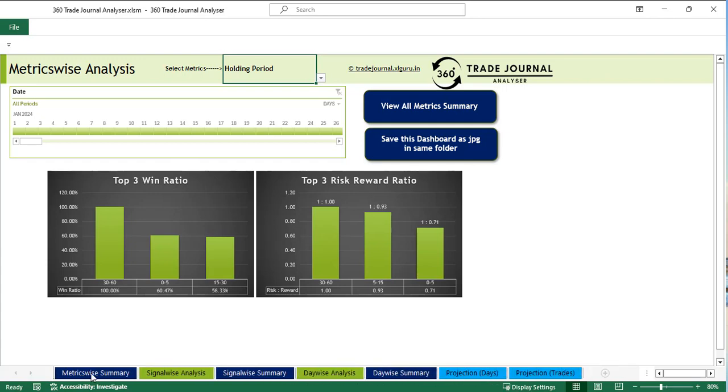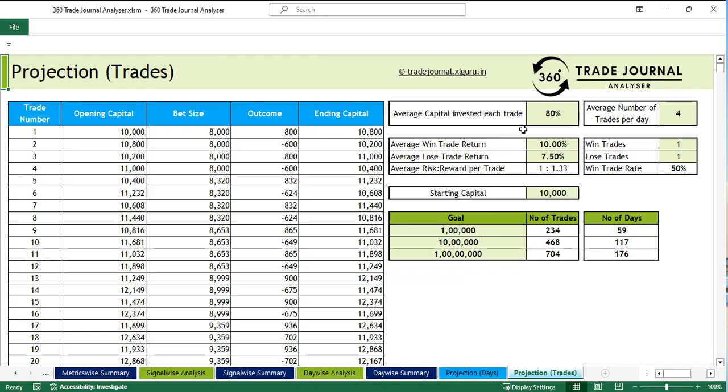And the importance of that is, once you have that data, say your average risk reward ratio is 1.33 for some metrics, and your win ratio, for example, is 50%. So for a starting capital of 10,000, you can make it 10 times in just 234 trades. And if you're taking 4 trades per day, then it's just 59 days, right?